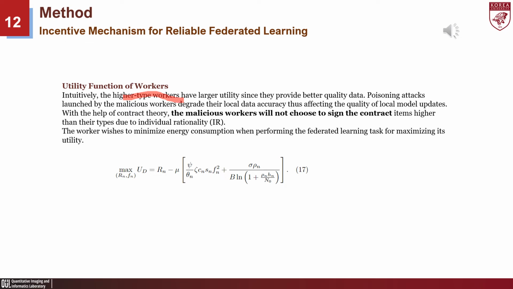With the help of contract theory, the malicious workers will not choose the contract items higher than their type due to individual rationality (IR). The worker wishes to minimize the energy consumption when performing the federated learning task to maximize its utility, as defined in function 17.